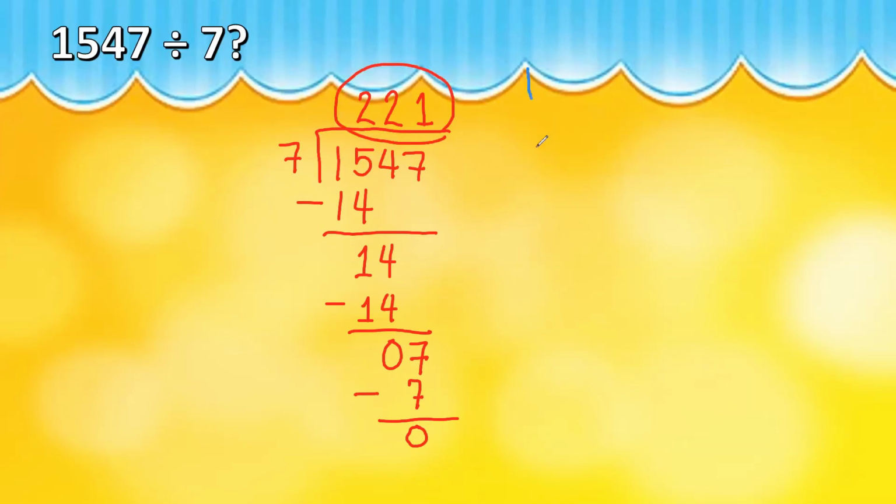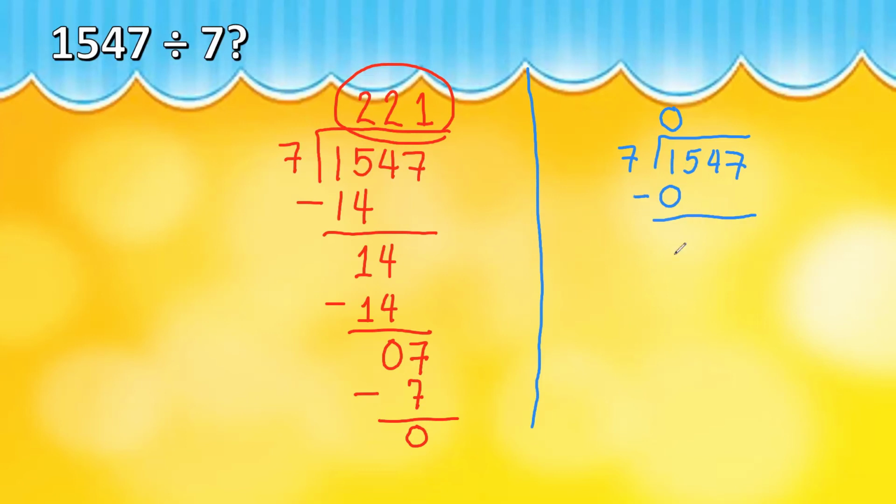So the same as in the first example that I showed you, it is also the same if we will not skip the part where you have to write 0 in here. So like 1 divided by 7, that will be equal to 0. 0 times 7 is 0. And then subtract 1 minus 0 is 1. Bring down 5.